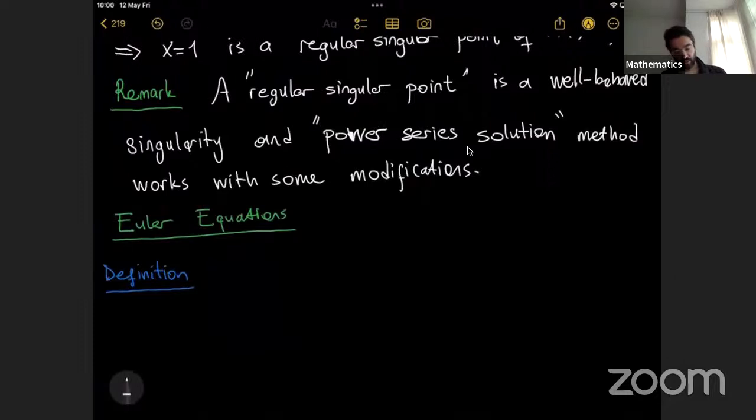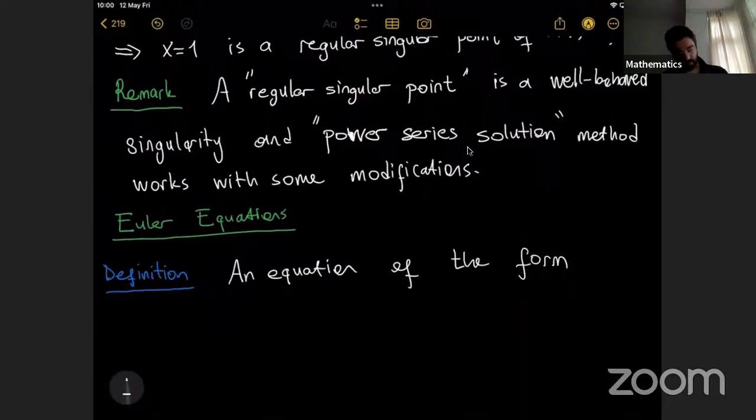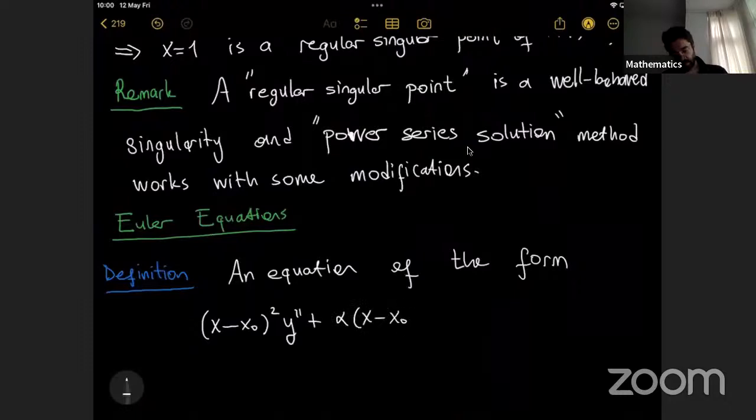Well, an equation of the form x minus x naught square y double prime plus alpha times x minus x naught y prime plus beta times y is equal to 0.